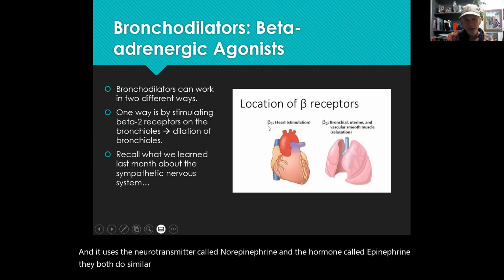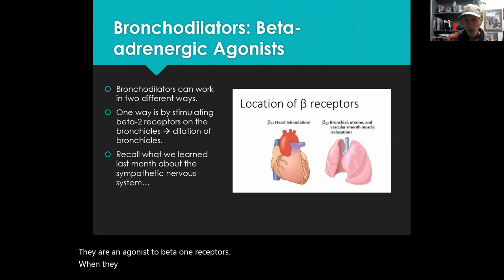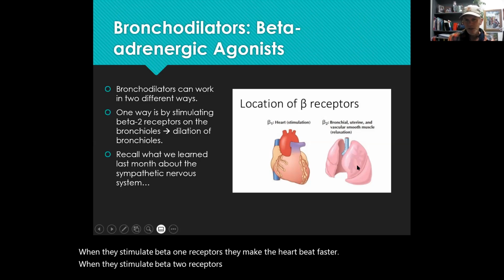They are agonists to different receptors, and they are an agonist to beta 1 receptors. When they stimulate beta 1 receptors, they make the heart beat faster. When they stimulate beta 2 receptors on the airways, they cause them to dilate.